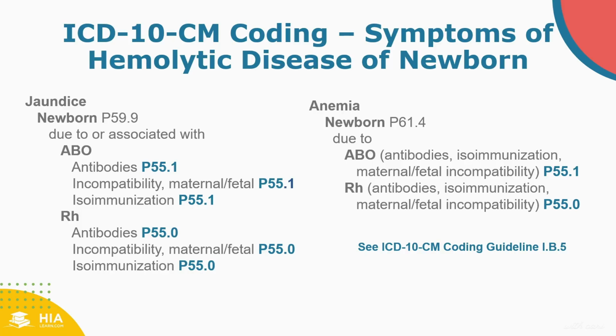A separate code for jaundice or anemia is not assigned. This is consistent with ICD-10-CM General Coding Guideline 1.B.5: signs and symptoms that are associated routinely with a disease process should not be assigned as additional codes unless otherwise instructed by the classification.